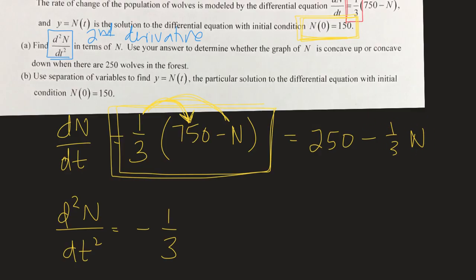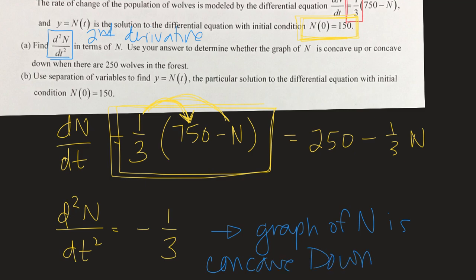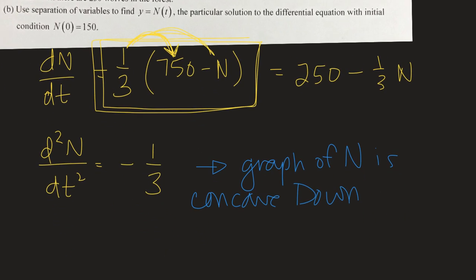So is this graph concave up or concave down? Concave down, because d2n over dt2 is less than 0.